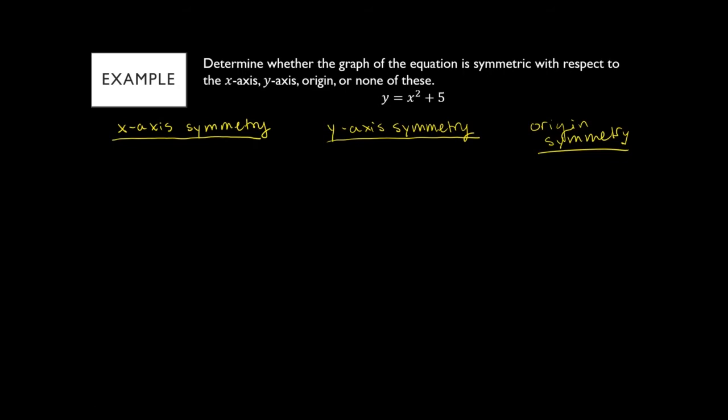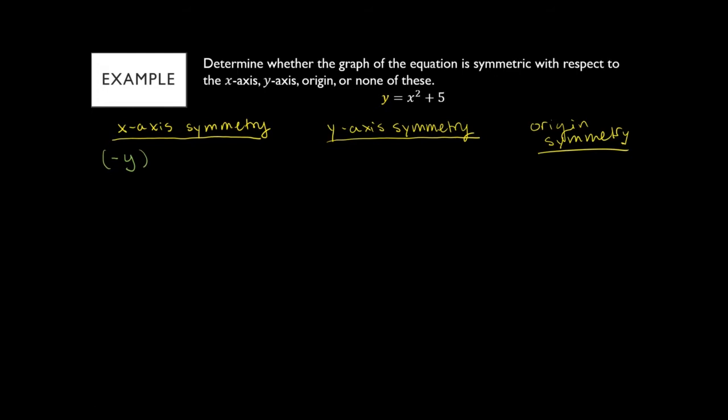When you are testing x-axis symmetry, you replace y with negative y. I'm going to do that in a different color here. Everywhere I see y, I'm replacing it with negative y.